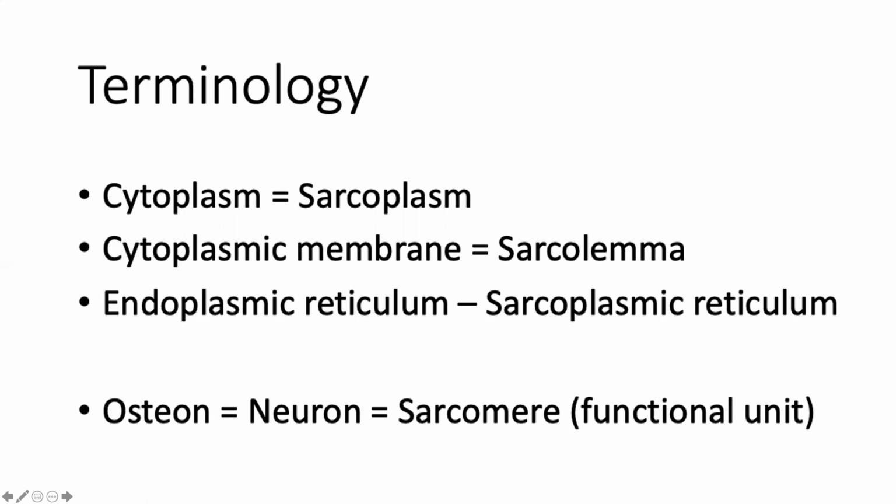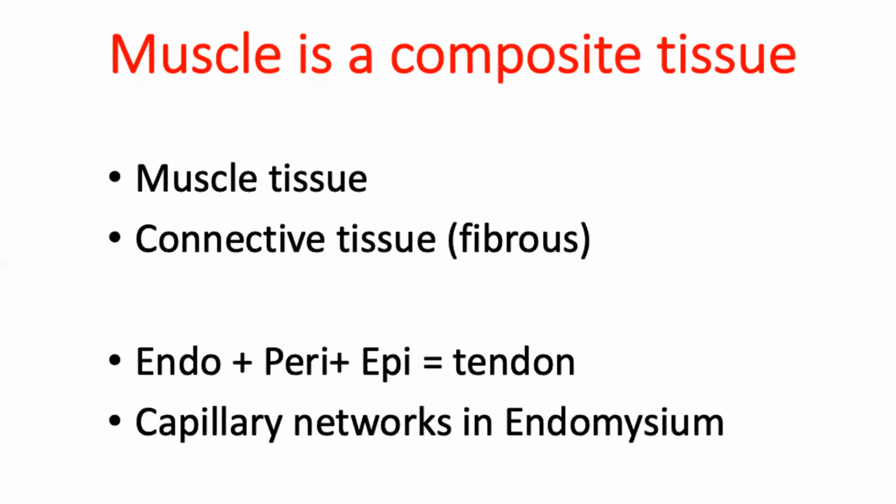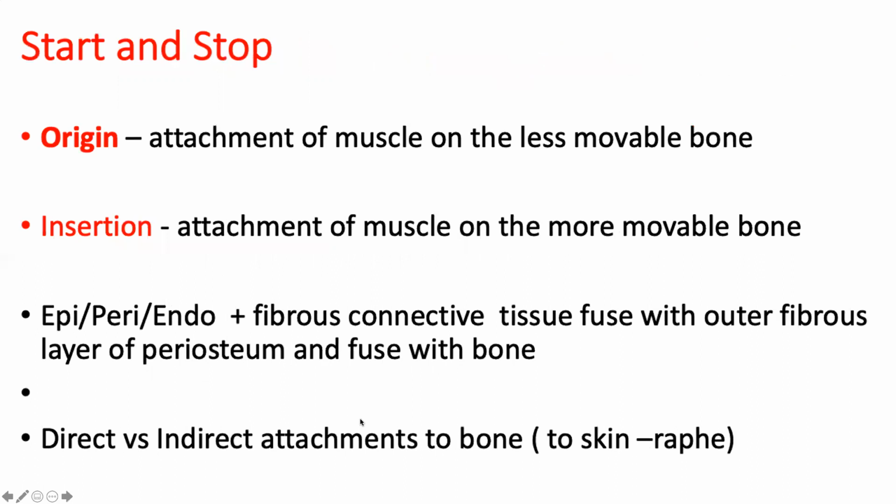So these are the functional units which we need to remember, and we'll be talking about this again and again. And as we say, muscle is a composite tissue made of muscle tissue plus connective tissue. These endo, peri, epi are all connective tissue. And of course, there will be capillary meshwork in the endomysium.